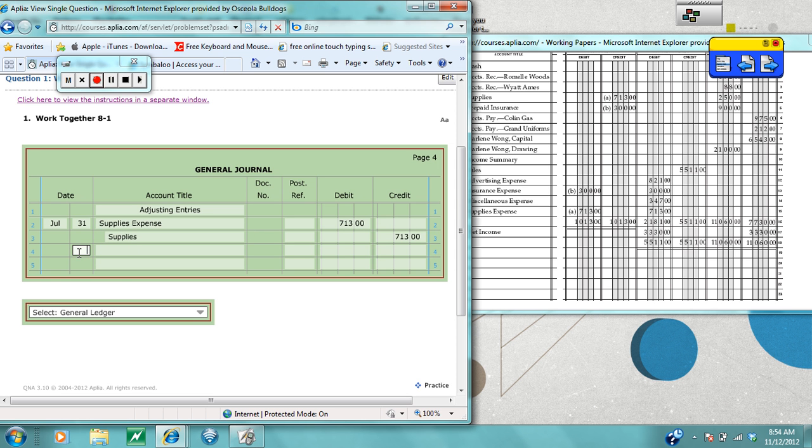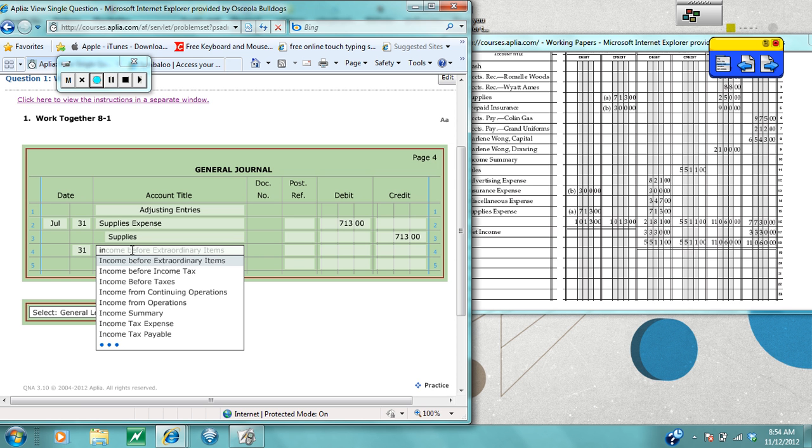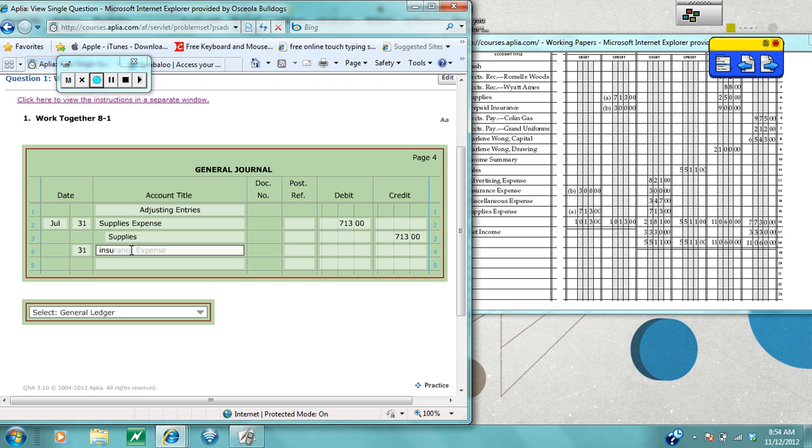Now we're also going to go through, and we can go ahead and put the other transaction, because when we post, we can post at the end, just as long as we post it in the correct order. Okay? So we have insurance expense. There we go.